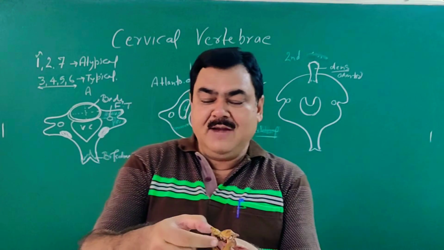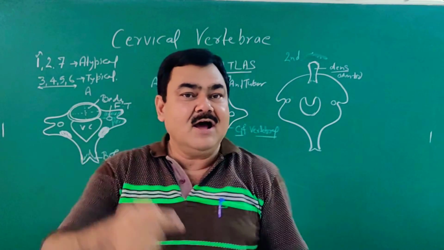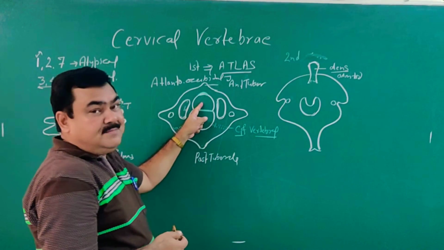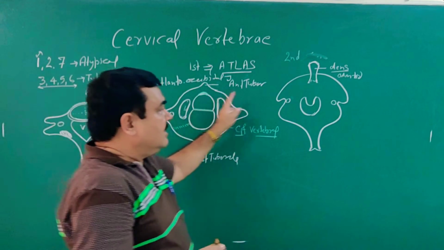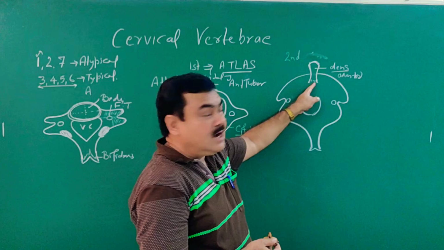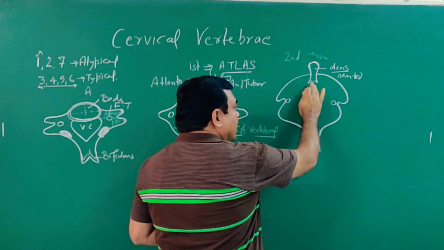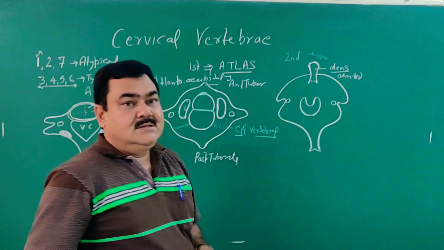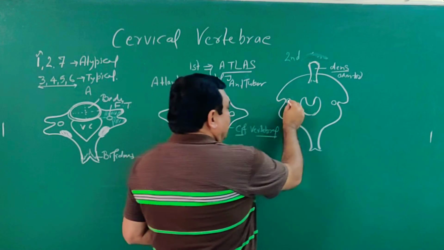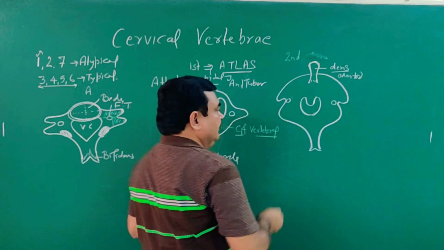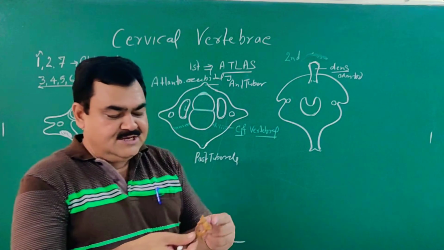So this odontoid process is a part of the first cervical vertebra, that is the atlas. This is the dens, and the rest is the body of the second vertebra.